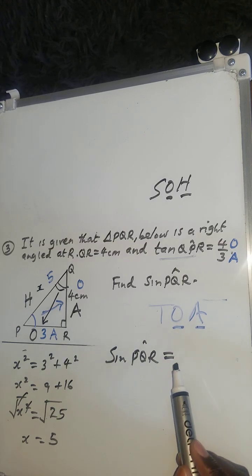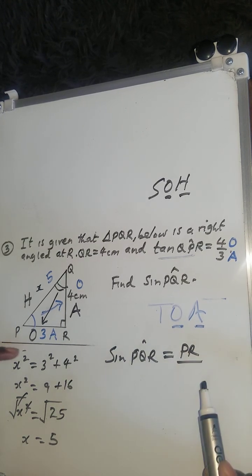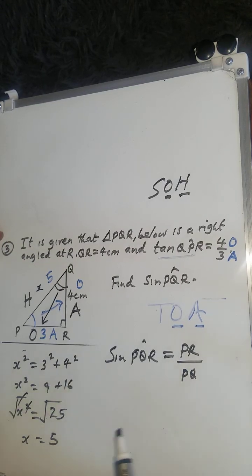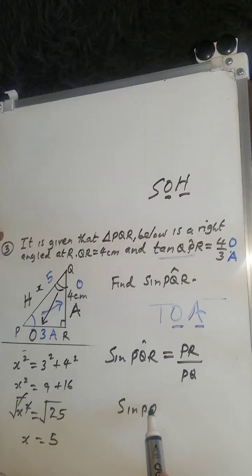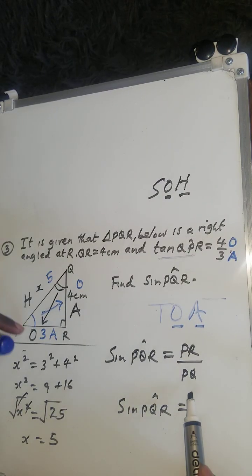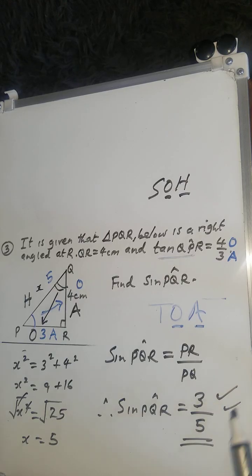So it would be equal to the opposite, which is PR, over the hypotenuse, which is PQ. So sine PQR will be equal to, what is my PR? It is representing 3 over my PQ, which is representing 5. So sine PQR is equal to 3 over 5. And that's the answer that they wanted.